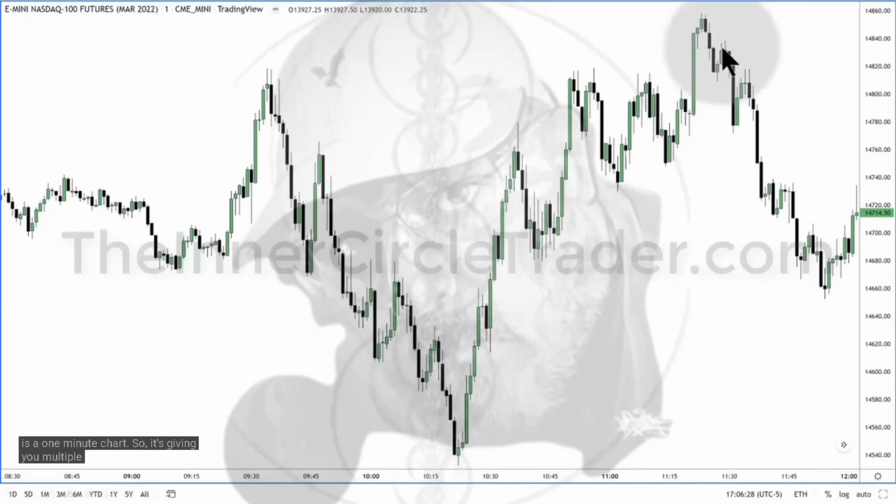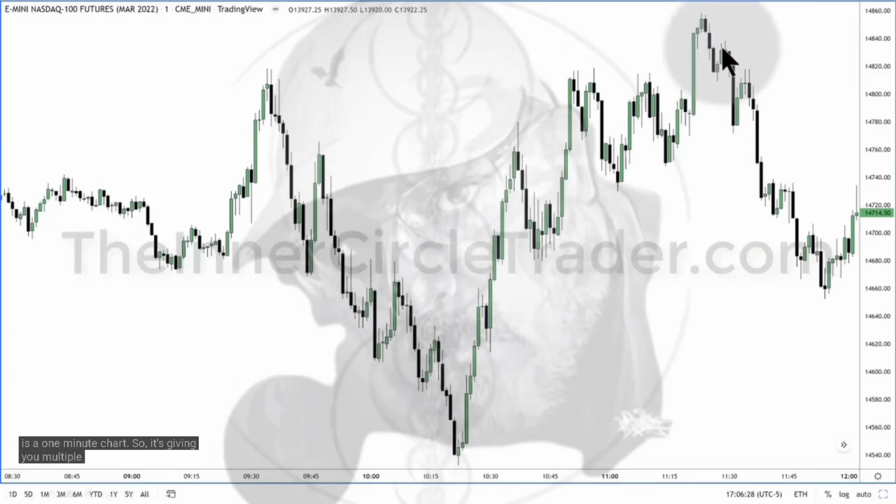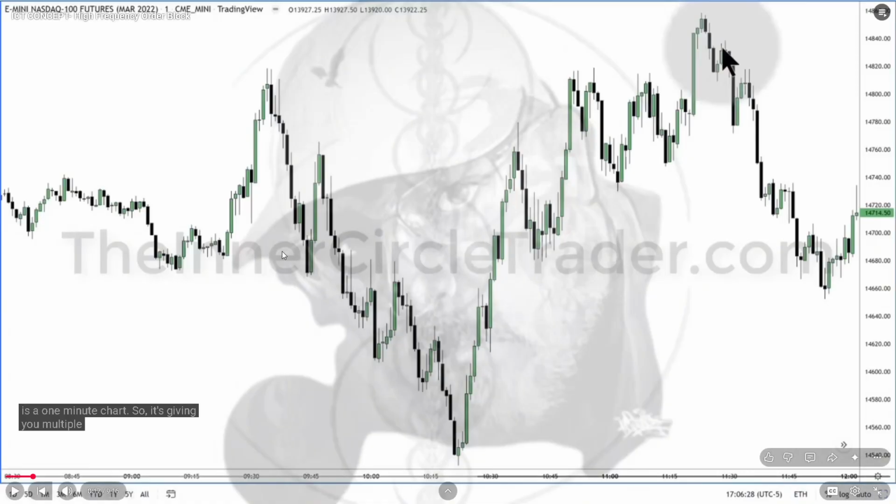I could say following FVG direction, or following dominant direction, but I might as well just say following trend direction, because that's all that is really.